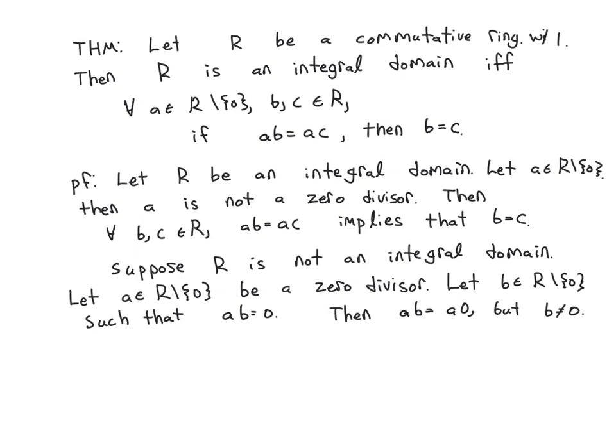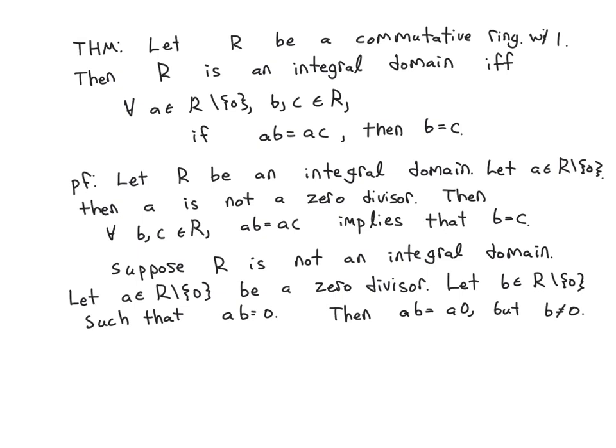Now we just need to show the other direction. And how are we going to do the other direction? Well, suppose R is not an integral domain. Then let a be a zero divisor, and then take our bad example. Let b be a non-zero element such that a times b is 0. Then ab is equal to a times 0, but b is not 0. So if you're not an integral domain, there actually exists an a in R minus 0, and a b and a c such that ab equals ac and b is not equal to c.